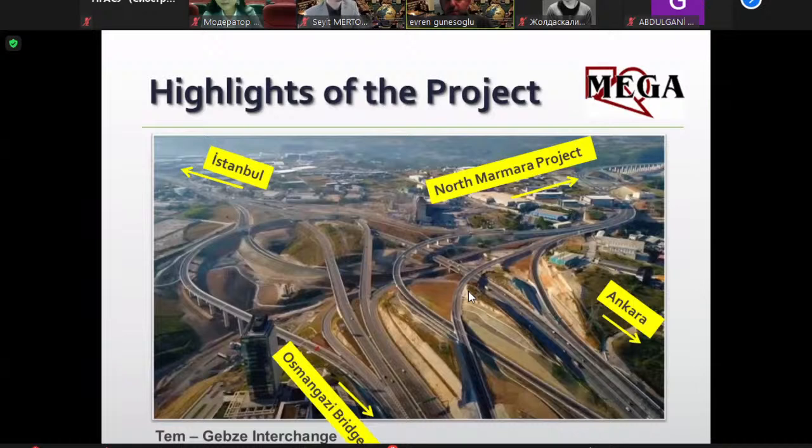The design speed of the interchange ramps is 80 km per hour. To provide a smooth traffic flow, electronic free flow toll collection units are used at the interchange ramps.